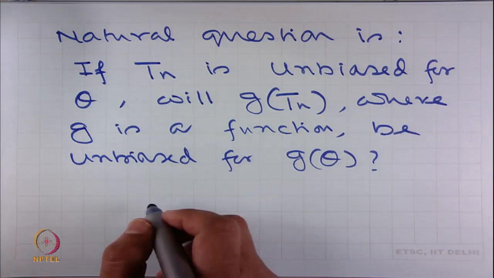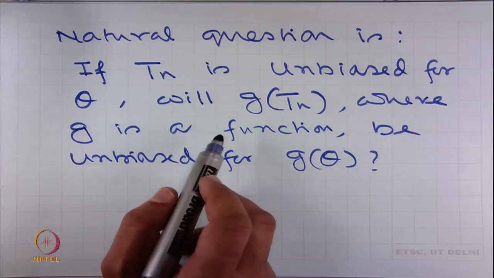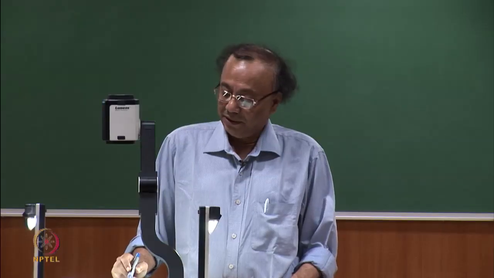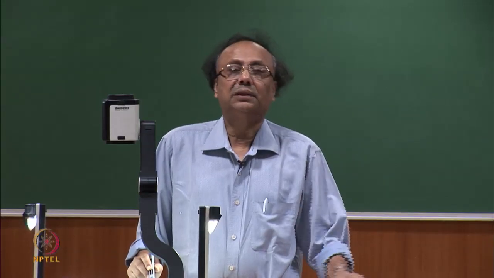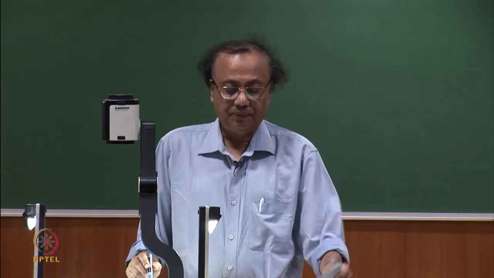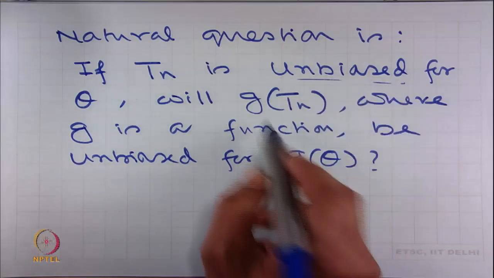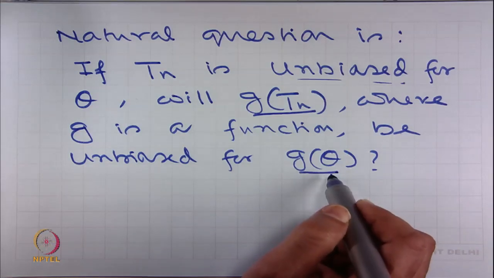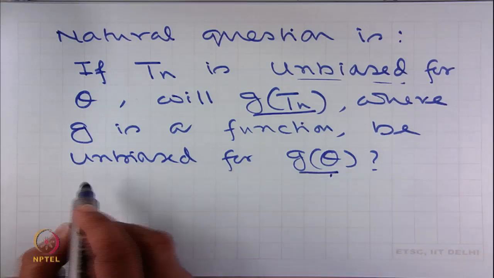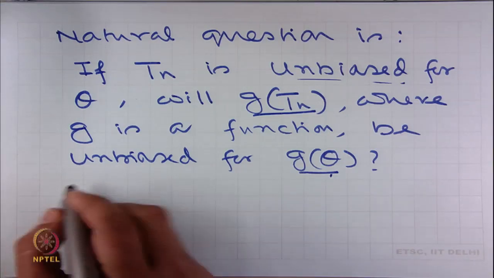It is a very natural question, because many a time we try to estimate not exactly theta, but some function of theta. Can we use the unbiasedness property to get an unbiased estimator for g theta? Unfortunately, the answer is no.